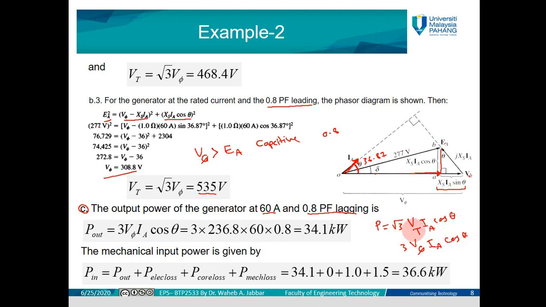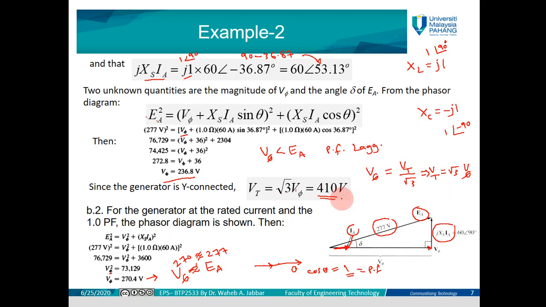Since we have the V phase already, we just use the V phase in this case. He said lagging, so we are going to use the V phase for the lagging part, which is here 236.